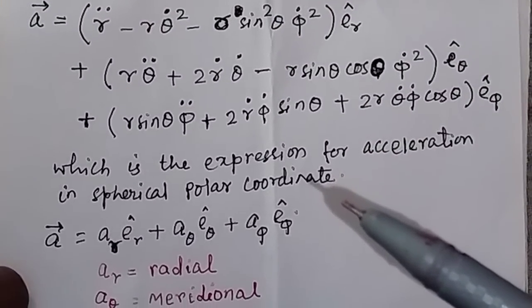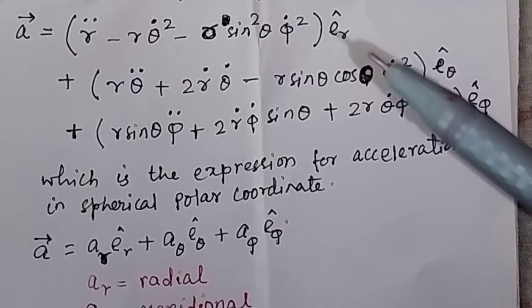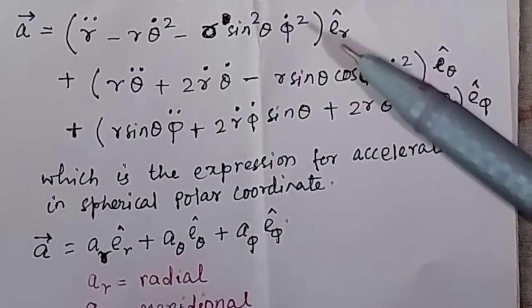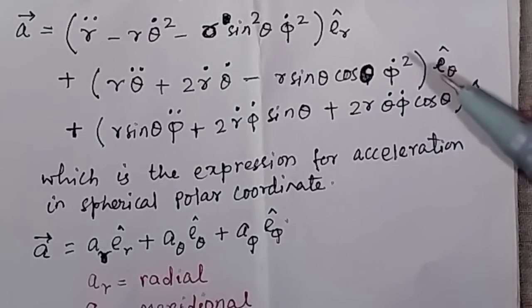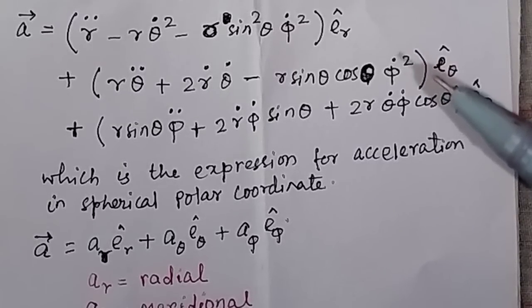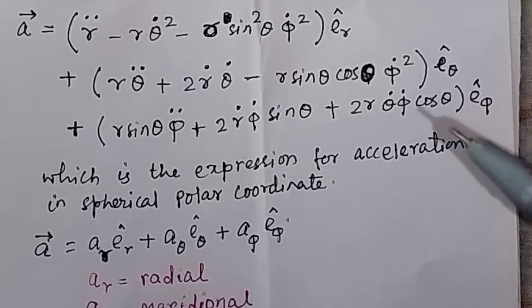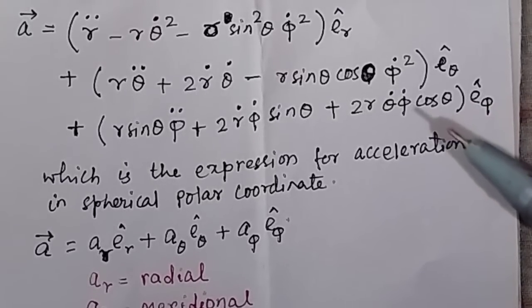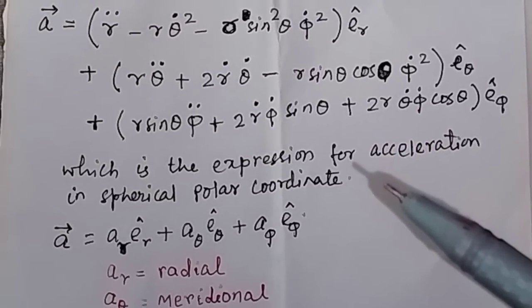You have to remember these 3 accelerations. The er cap is the unit vector along the radial direction, e theta cap is the unit vector along the polar direction or meridional direction or across the meridian, and this unit vector e phi cap is the unit vector along the azimuthal direction or xy plane or parallel plane.